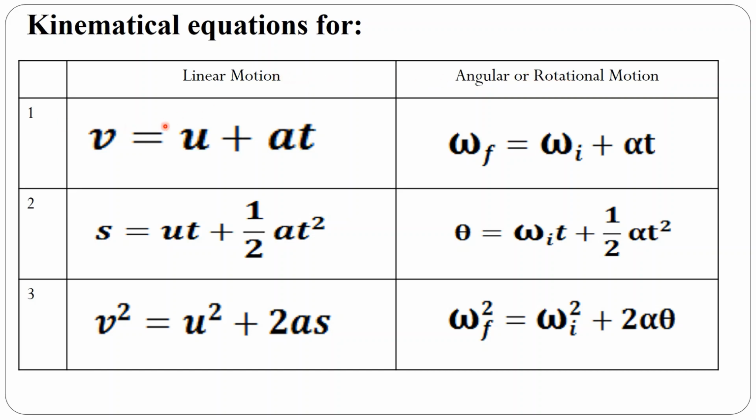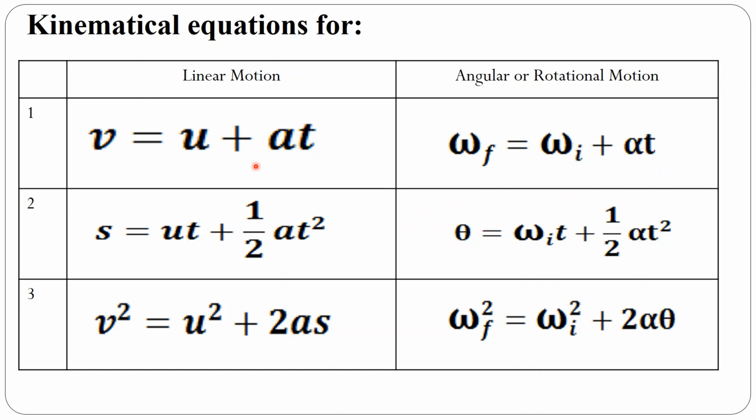In linear motion, v represents final velocity, u initial linear velocity, a linear acceleration, s linear displacement, and t time. In angular motion, omega f represents final angular velocity, omega i initial angular velocity, alpha angular acceleration, t time, and theta angular displacement.